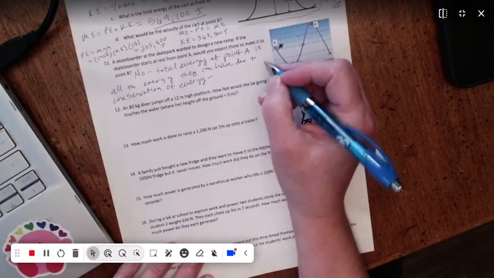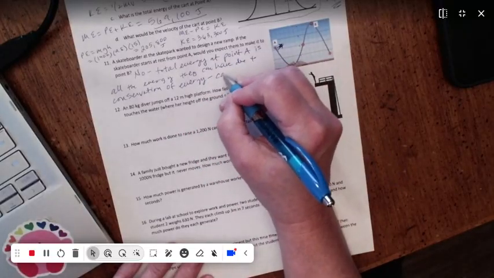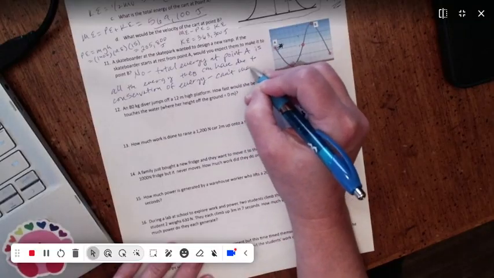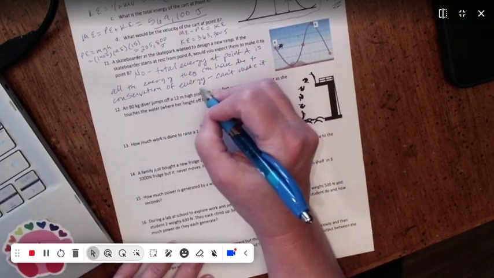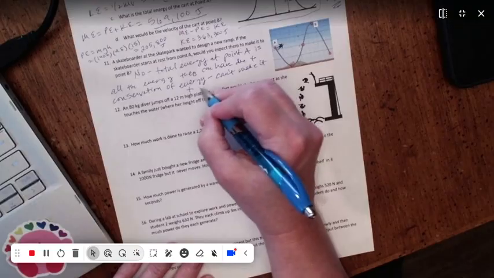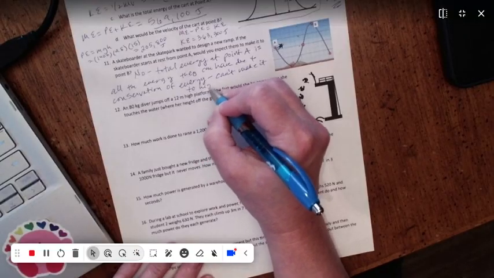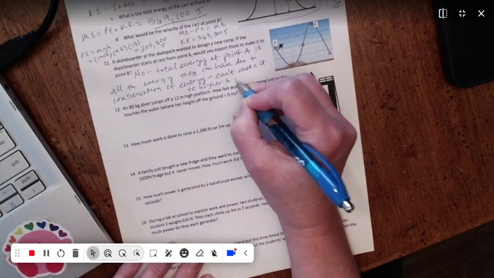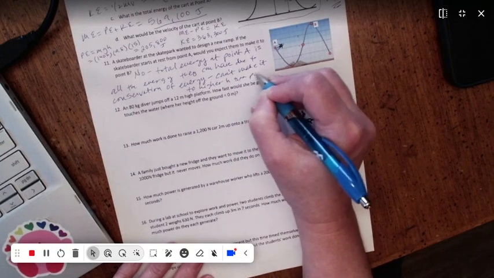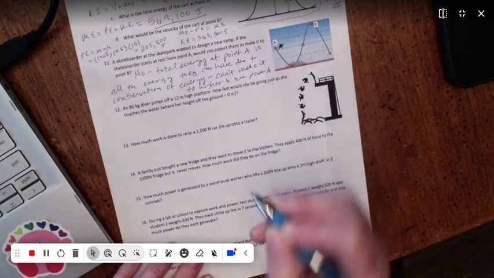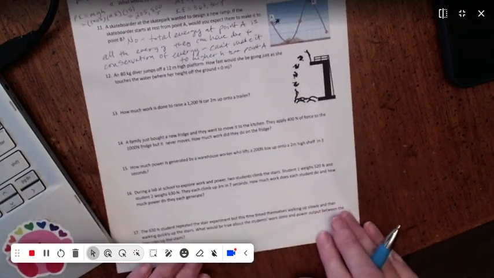So, I mean, they can't make it to a higher height than that. They won't have enough energy. Can't make it to a higher H than point A, because they won't have enough energy to get there.